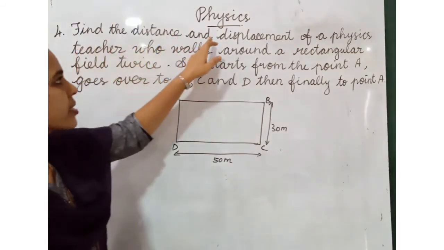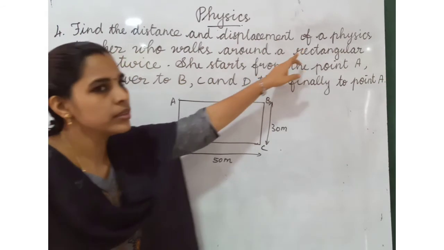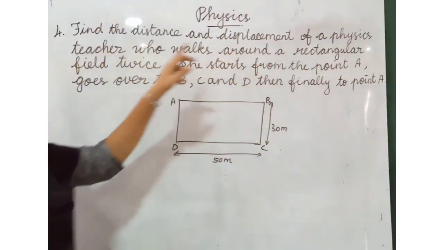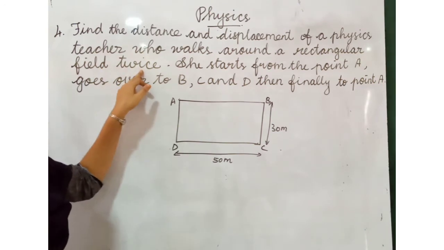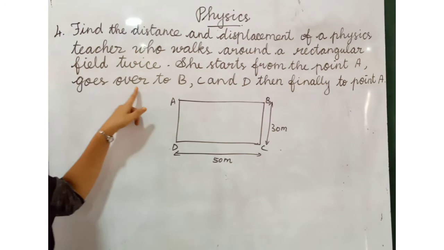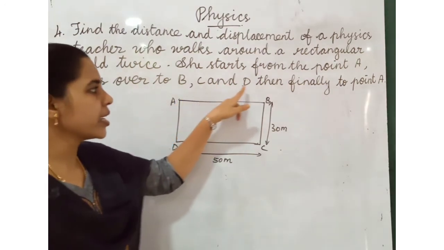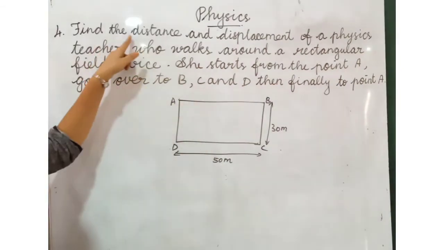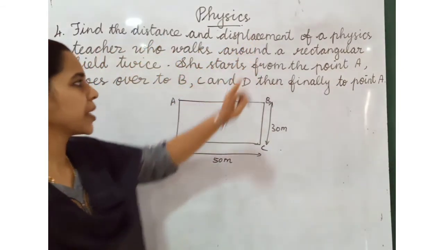Listen to the next question. Find the distance and displacement of a physics teacher who walks around a rectangular field twice. She starts from the point A, goes over to B, C and D, then finally to point A. We have to find the distance and displacement.